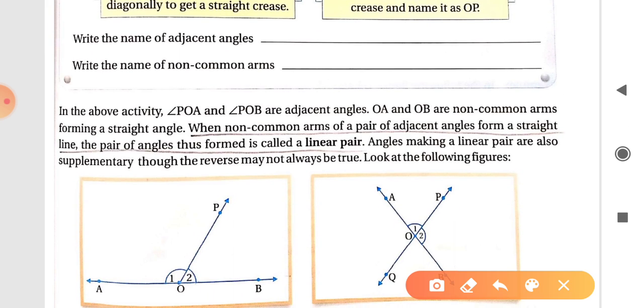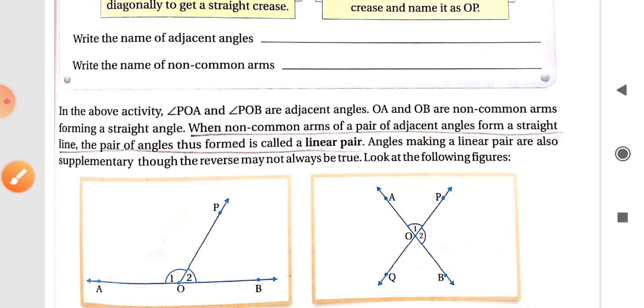Here we are given the definition of linear pair. If we are given adjacent angles, angle AOP and angle POB, these are adjacent angles in this figure. Their non-common arms are OA and OB.